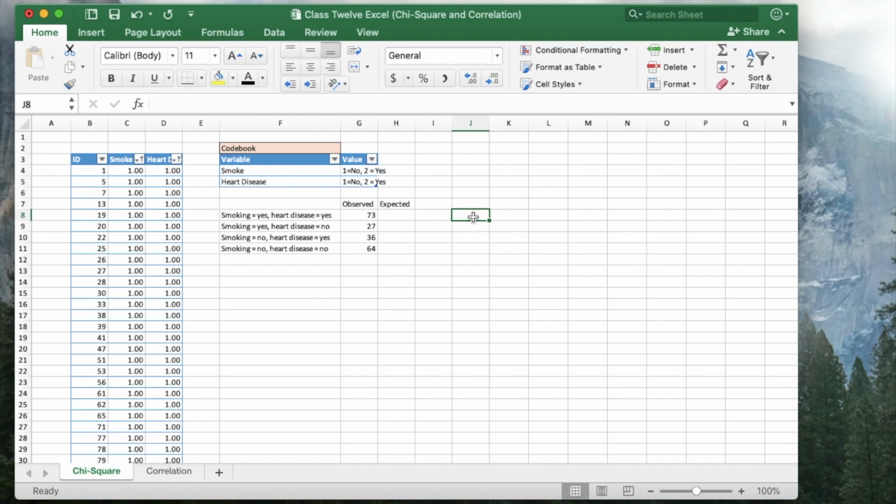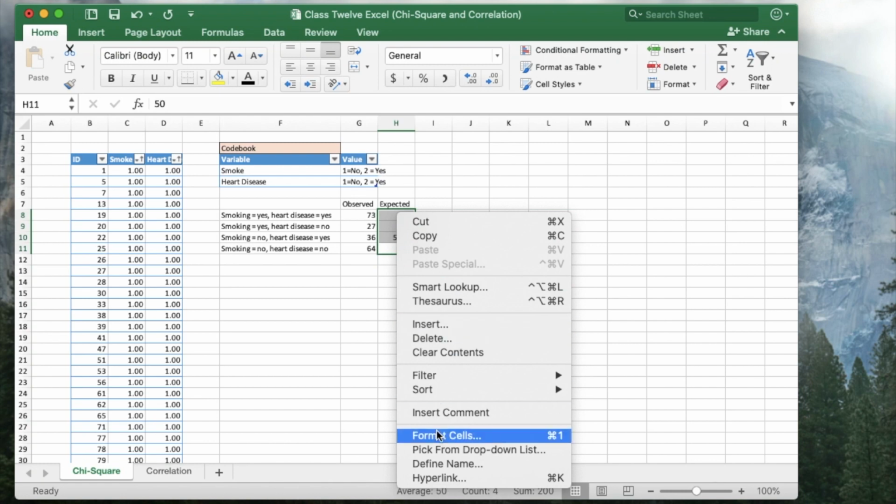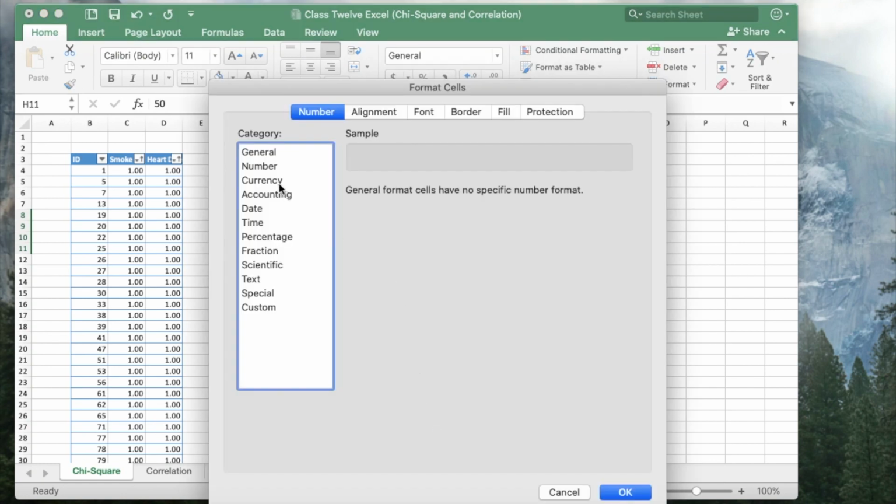So if we wanted to use Excel as a calculator, what we would do is just 200 divided by 4, which is 50. So if there were absolutely no relationship between smoking and heart disease, then we would anticipate that the expected values for each of the 4 possible response categories should all be identical.